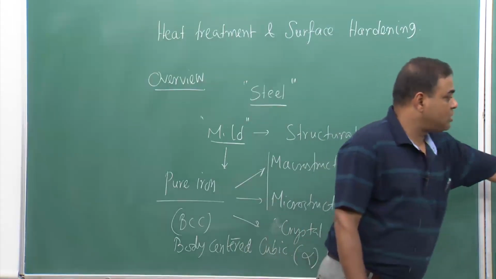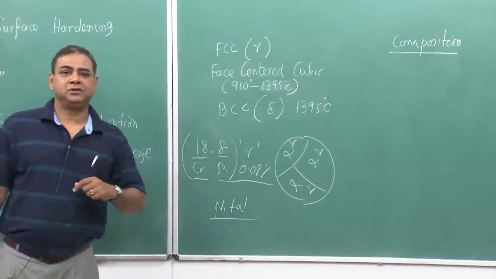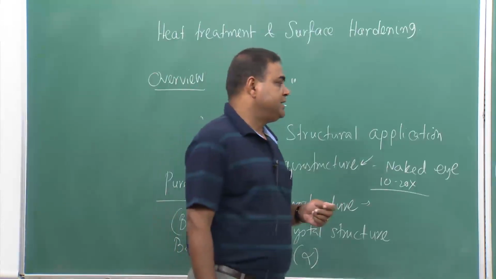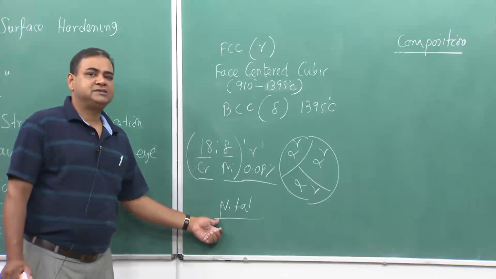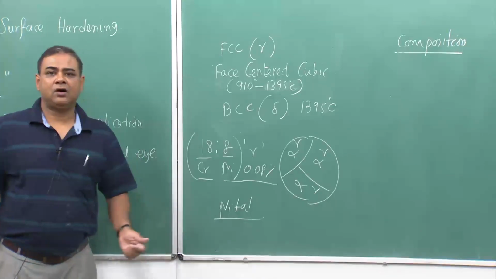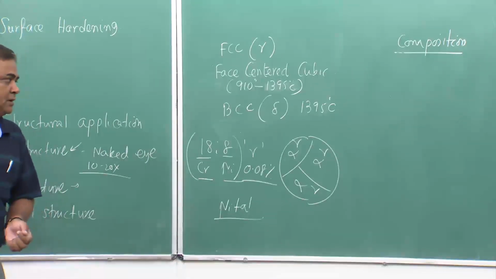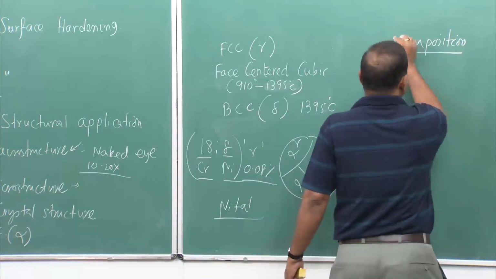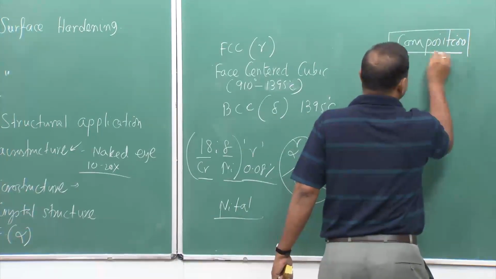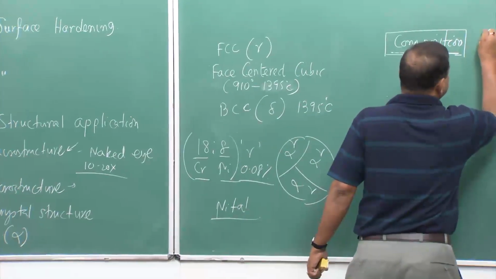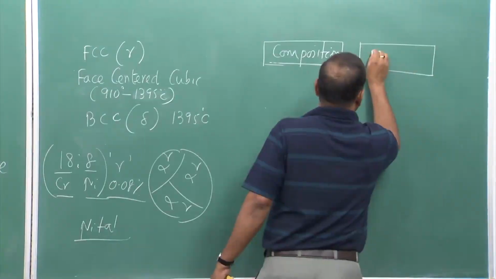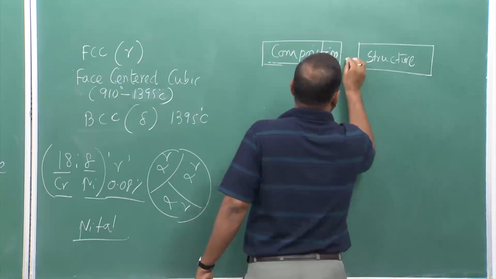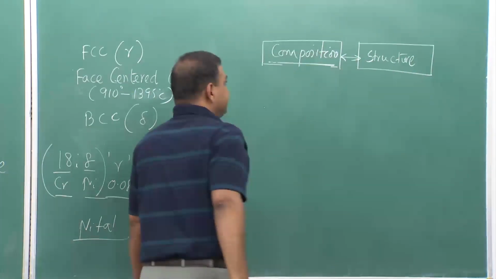And then later on we saw how the microstructure looks, and the microstructure can be obtained by etching in nital and seeing under an optical microscope. Now, that means composition and structure are intricately related.